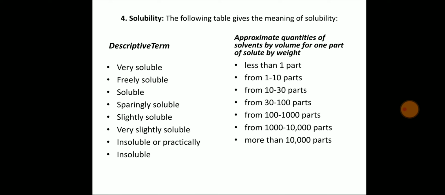Point 4. Solubility. The following table gives the meaning of solubility. As you can see here in this slide, on the right hand side we have approximate quantities of solvents by volume for one part of solute by weight.